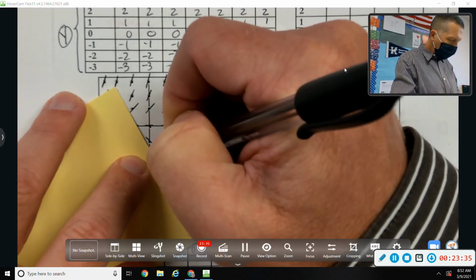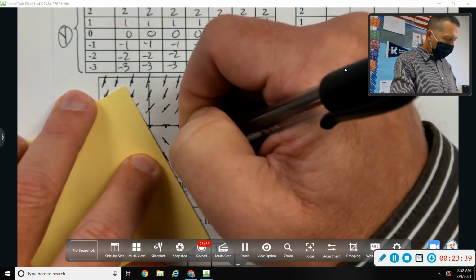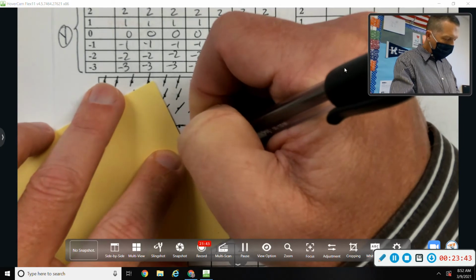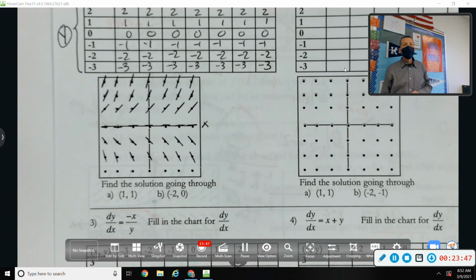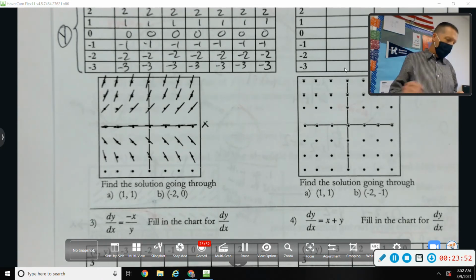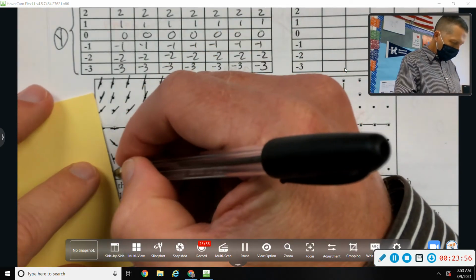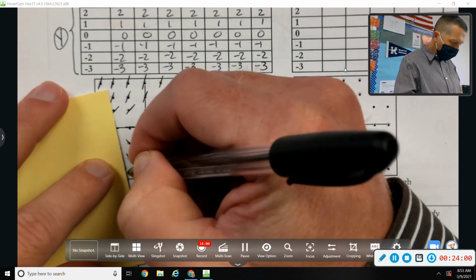Again, if you've got a ruler or a straight edge, you can make it have a slope of negative 2. Because you're just aiming at one that's up 2 over 1. And then that last one, the last row, when y is negative 3, the slope is negative 3. So that's an even steeper slope.